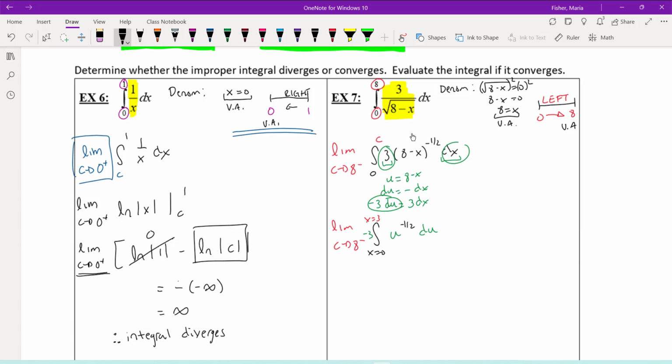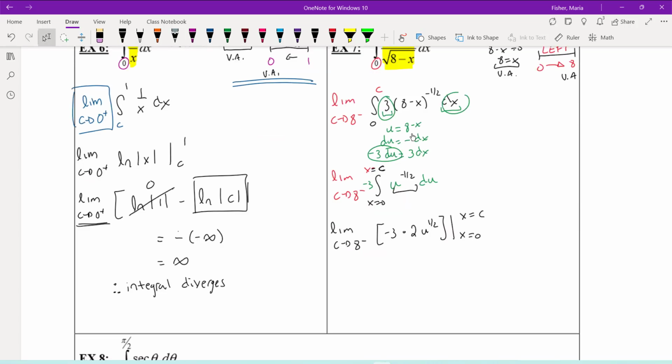If we integrate this, we end up with negative 3, and this is u to the 1/2 divided by 1/2, or 2u to the 1/2. I evaluated from x equals 0 to x equals c. I wrote 3 here, but I should have written x equals c. I do apologize. So that should be x equals c, not x equals 3.